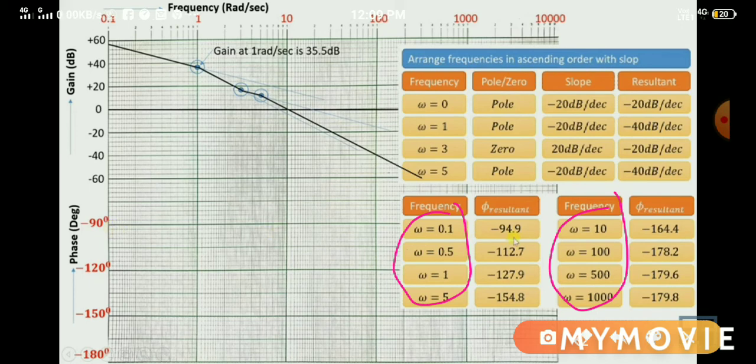For 0.1 it is minus 94, somewhere here, yes, 94. Then at 0.5, minus 112.7, 112.7 at 0.5.